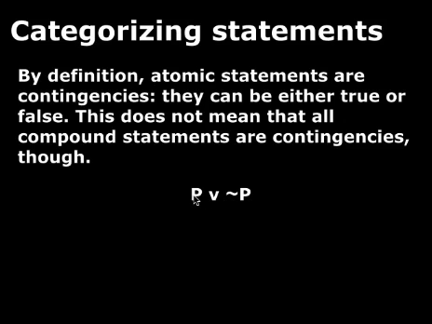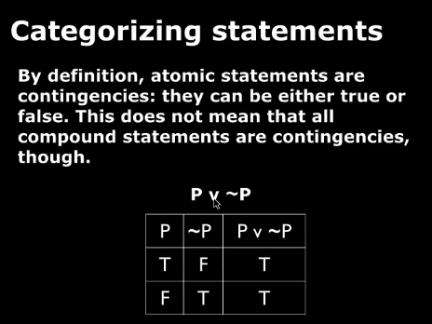And because the two disjuncts are P and not P, one the negation of the other, one of these disjuncts is always going to be true. If P is true, that's enough. The disjunction is true. If P is false, then not P is going to be true. So no matter what you do, one of these two disjuncts is true, and so the disjunction is always going to be true. So this is what the truth table would look like.